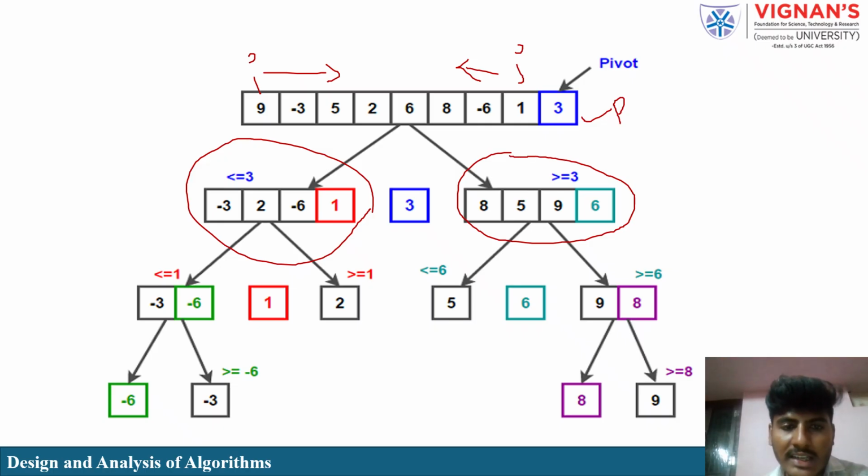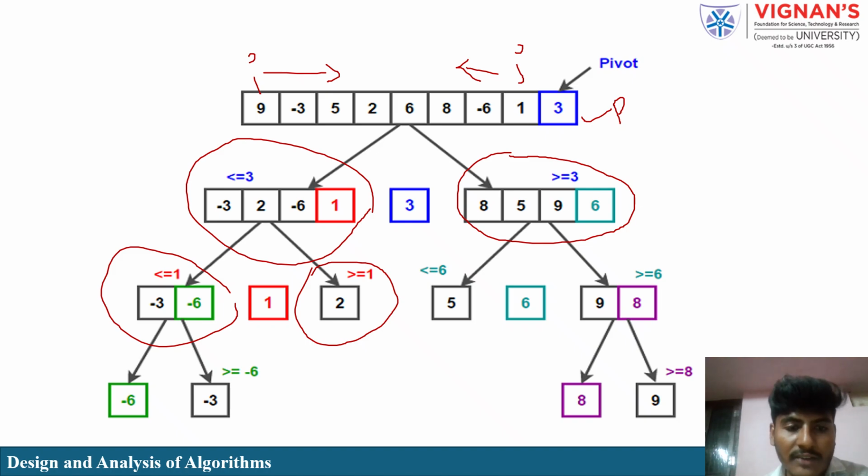So we can recursively sort the left subarray and the right subarray separately. For the left subarray, again take the highest index element as the pivot. One comes to its fixed position, and elements less than 1 come under the left subarray, and greater elements come under the right subarray.